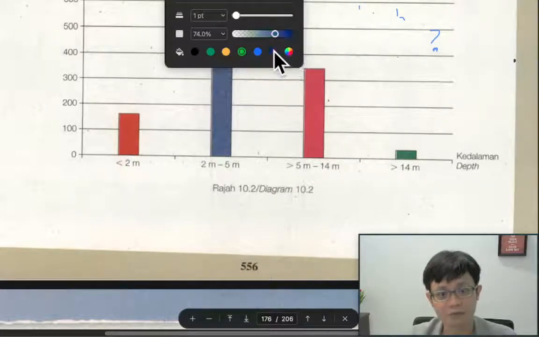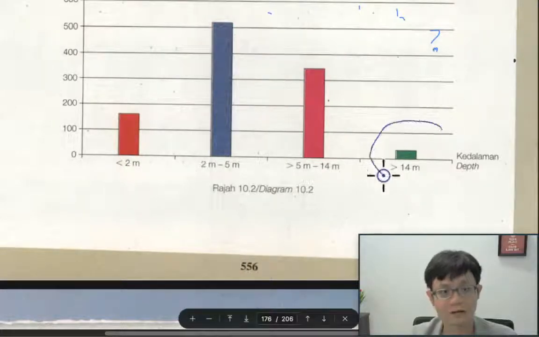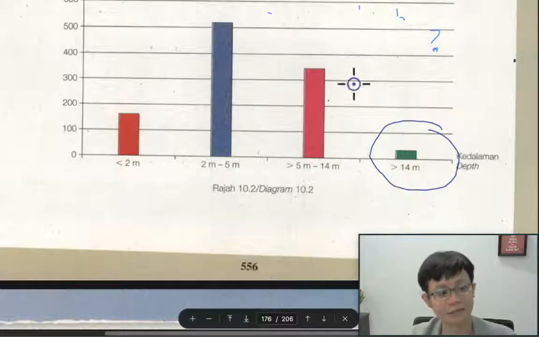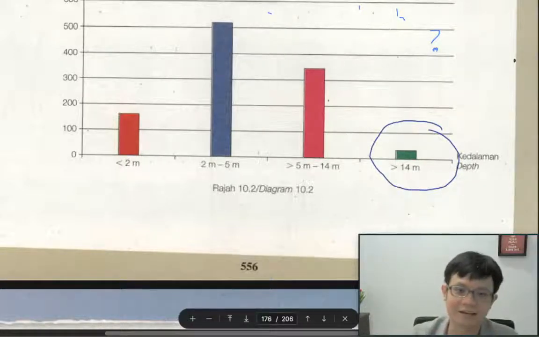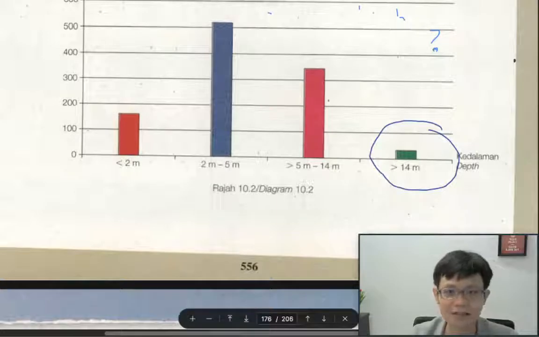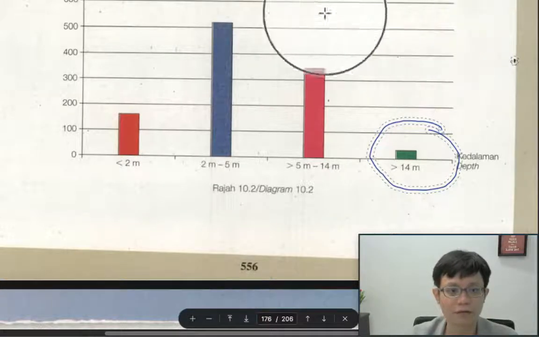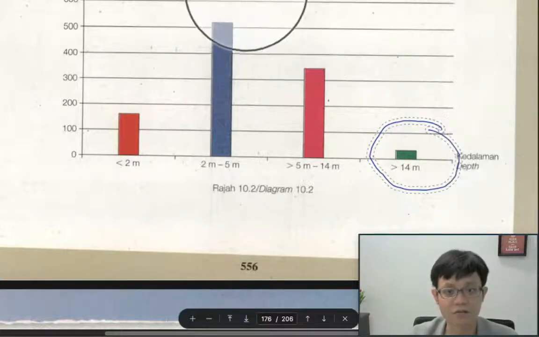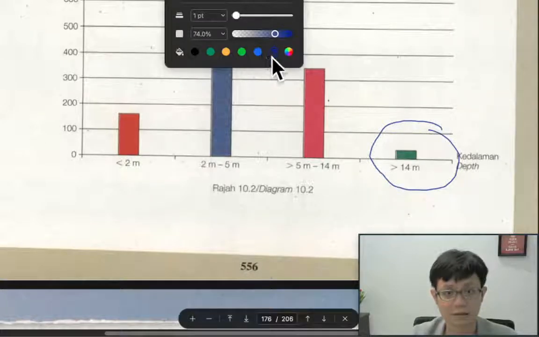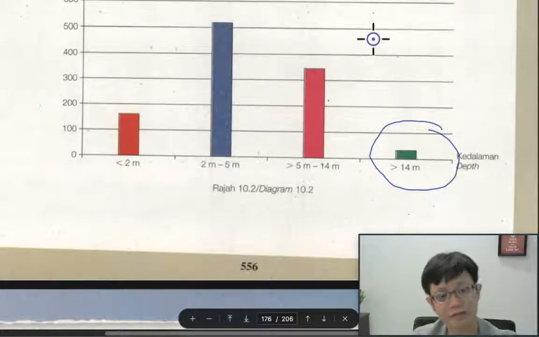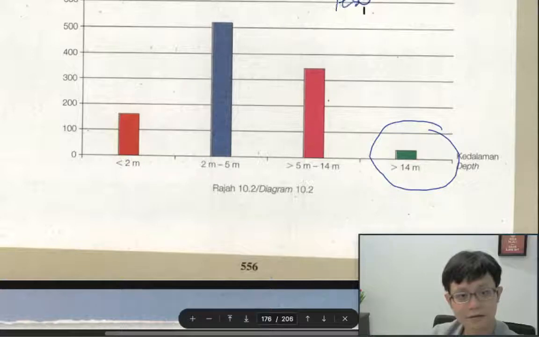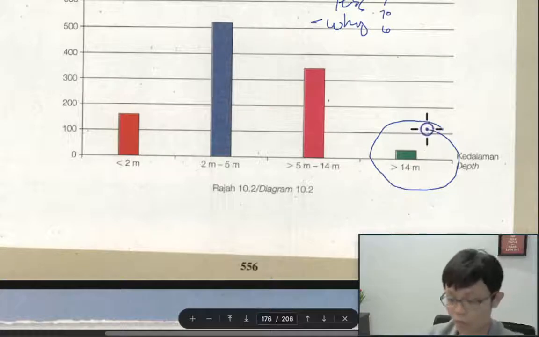Okay, let me choose purple. Why? Okay, this one I think is very easy. You must say less, you don't say more. I think if you say less, you will get maybe 1 mark because you say less. So here I will say it is less, and you need to explain the question asked why this is low.